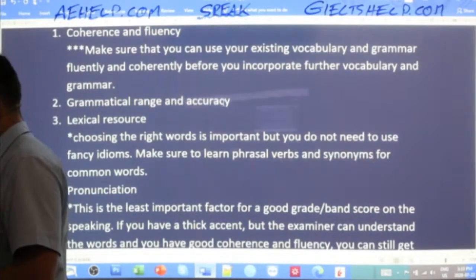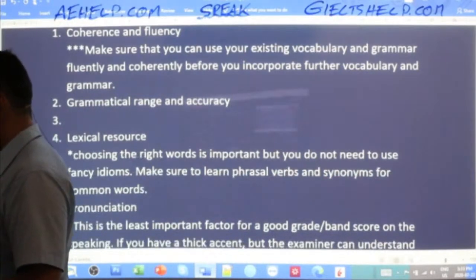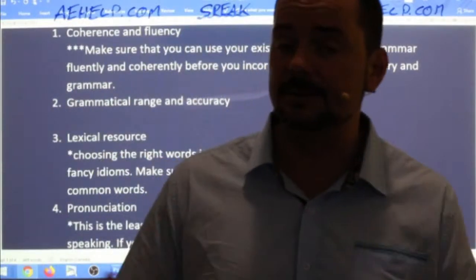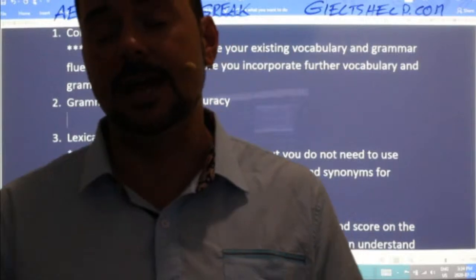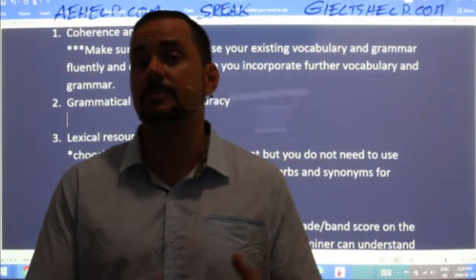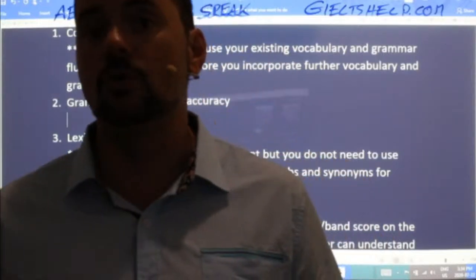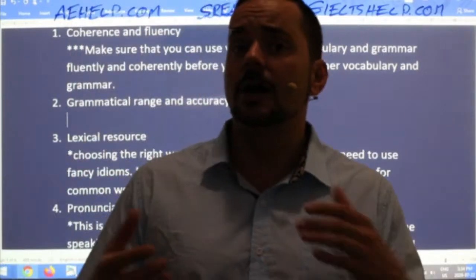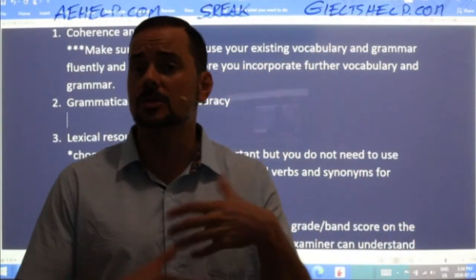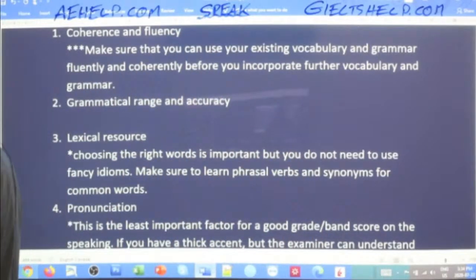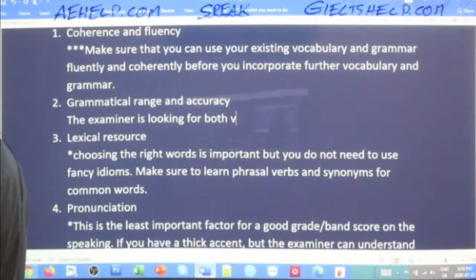Now also for grammatical range and accuracy, they're looking at how many different types of grammar you are using in your answers. So can you use present perfect, past perfect, continuous form, passive voice, conditionals, different kinds of adjective clauses. So they're looking for that, but they're also looking at how accurately you can use it. So the examiner is looking for both variety and accuracy.